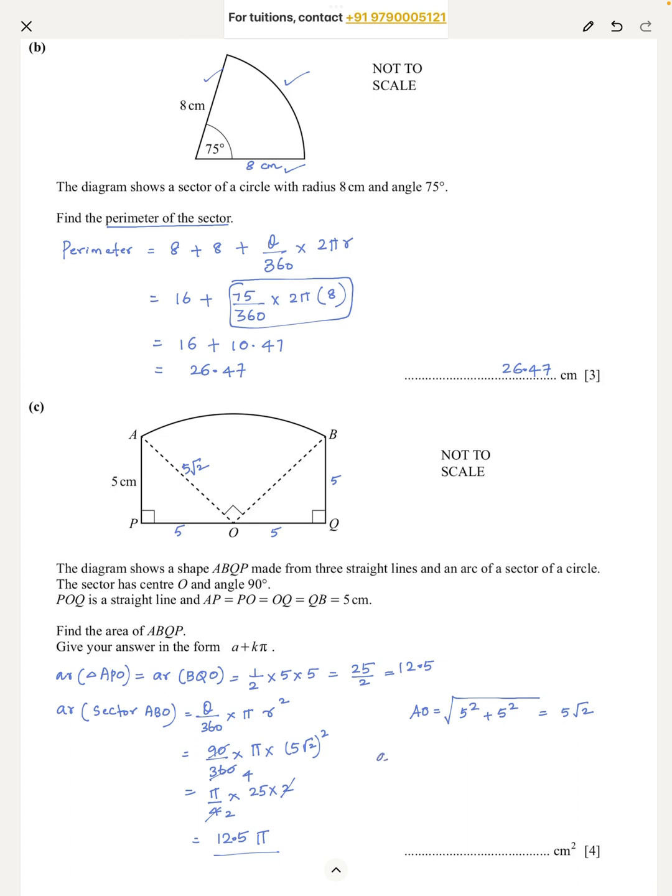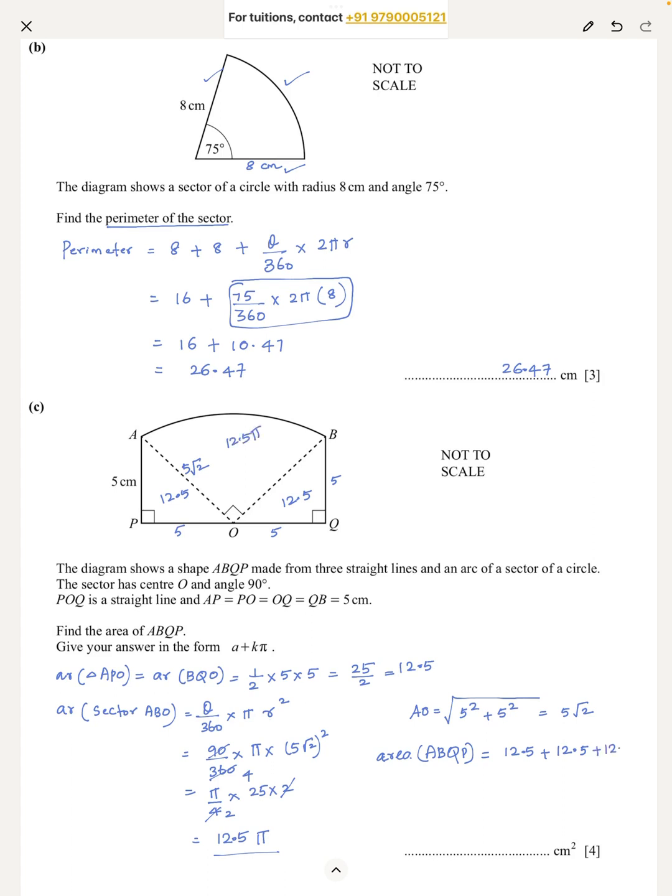So area of ABQP comprises 3 areas. 12.5 plus another 12.5. This is one 12.5, this is another 12.5, and this is 12.5 pi.